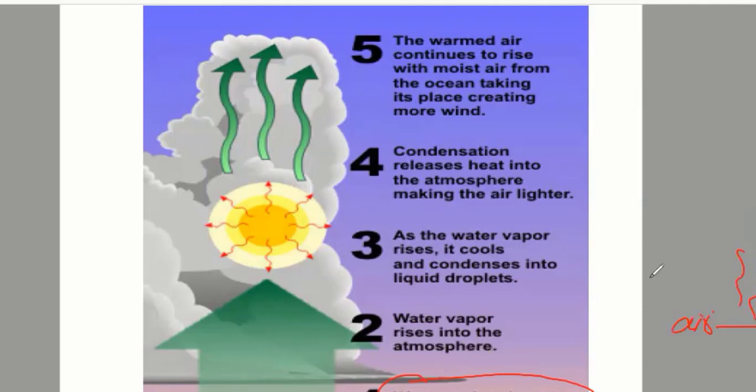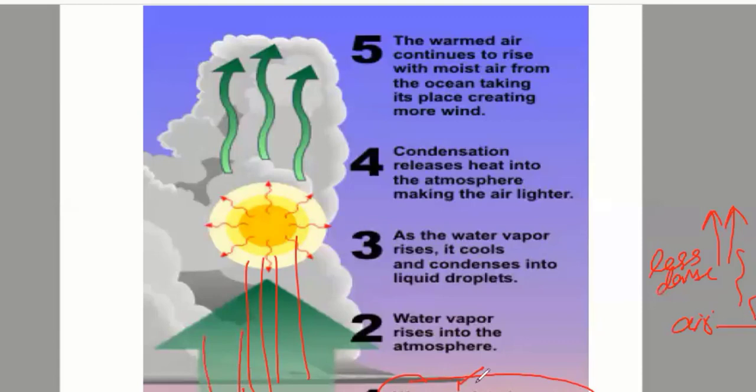Why? Because when it becomes hot, it becomes less dense, and less dense air always rises. So due to sunlight, the air will rise. This air is moist because it has water vapors, and because it is on the surface of the ocean, it will rise up.